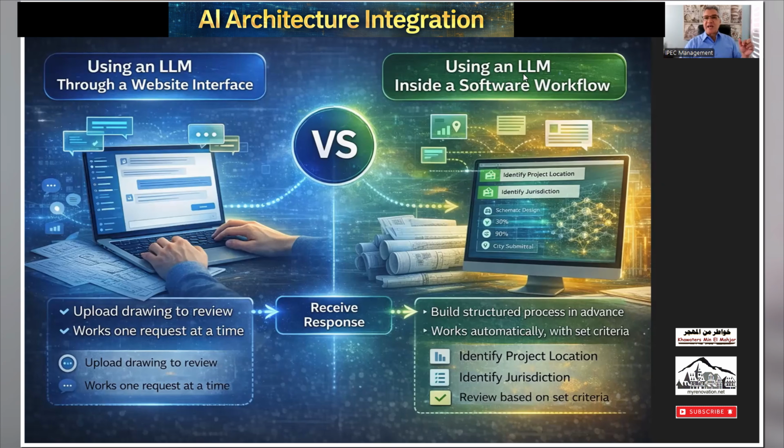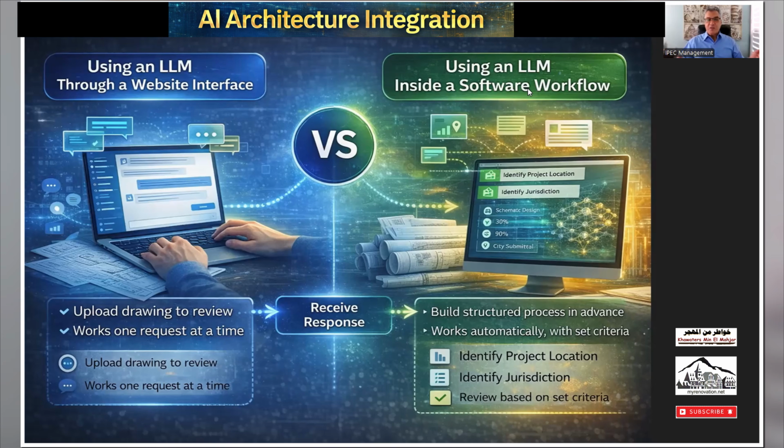But when it comes to the LLM software, you build this software yourself, and you tell the software that you're going to upload different types of drawings. I'm going to upload a schematic drawing, or a 30% set, or 60% set, or 90% set, or plan check submittal set.